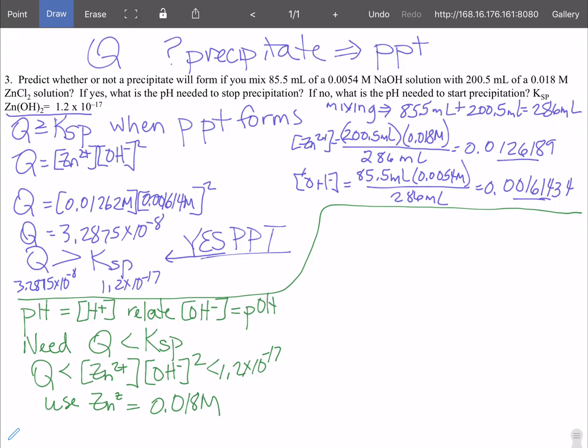So we're going to use that as our molarity. So we need 0.018 molar for zinc. We don't know what the hydroxide ion is. We need that to be less than 1.2 times 10 to the minus 17th.